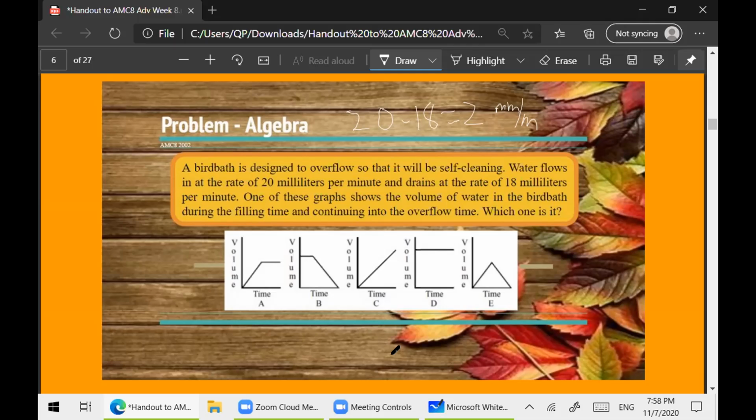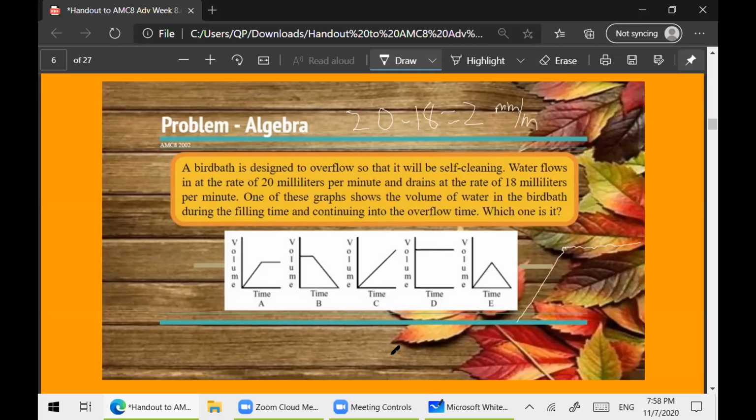Okay, and so we also know that the bird bath will overflow. So once the bird bath reaches its maximum volume, the amount in the bird bath will stay constant because it will still have water coming in, but the water will start going out at the same rate, which means that we should expect it to be a linear line followed by a horizontal line.